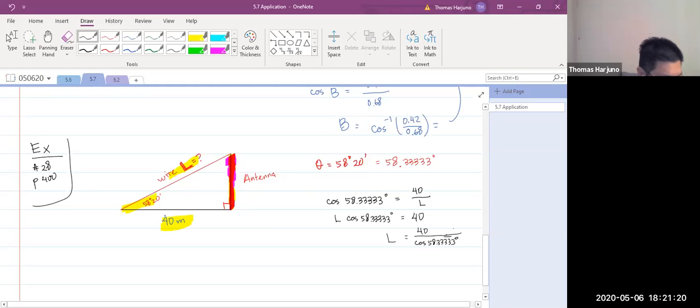Now we use our calculator. I get L equals 76.19387 meters.